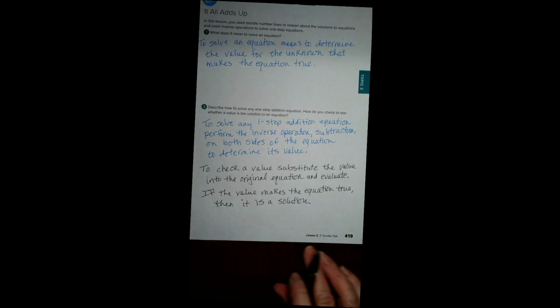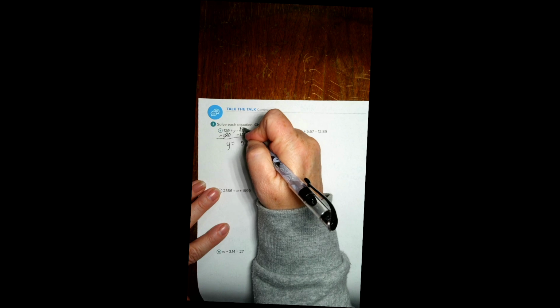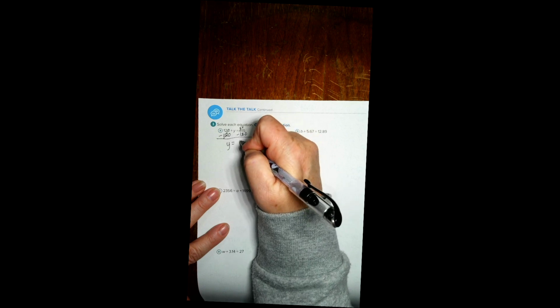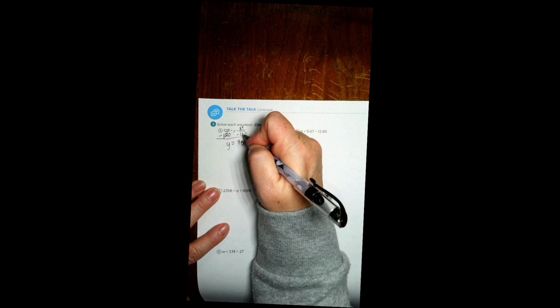Okay, you pause if you need to. I'm going to flip the page. It says solve each equation. So we have 120 plus y equals 315. Now we can just subtract the 120 here. Subtract 120, subtract 120. So we get y equals 195.